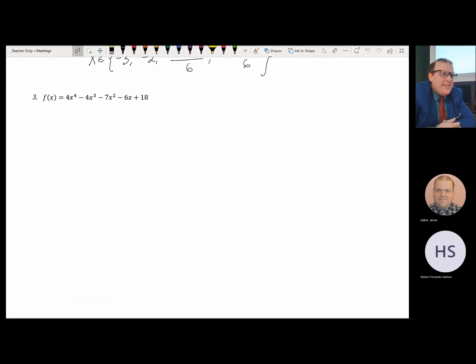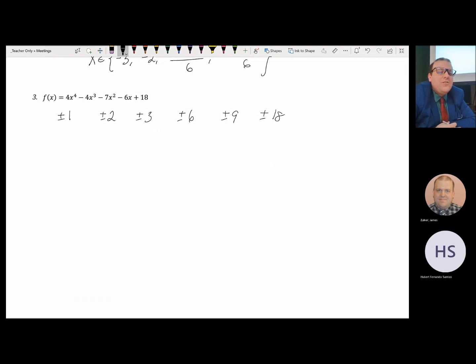Again, start by listing out the possible rationals. Factors of 18. Leading coefficient is 4, right?